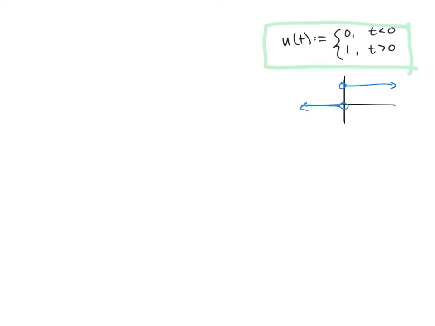But what we really are interested in now is something that'll give us just like a kind of a pulse that will give us 1 for some period of time, and then we'll stop. And we could define this completely separately, but what we can also do is define it in terms of the unit step function that we already have. So here's a definition. And this is our rectangular window function.